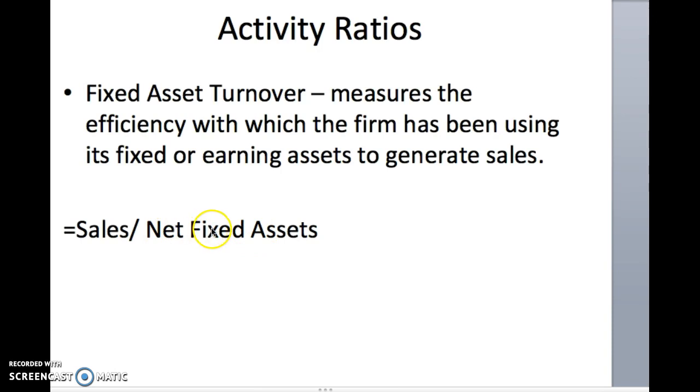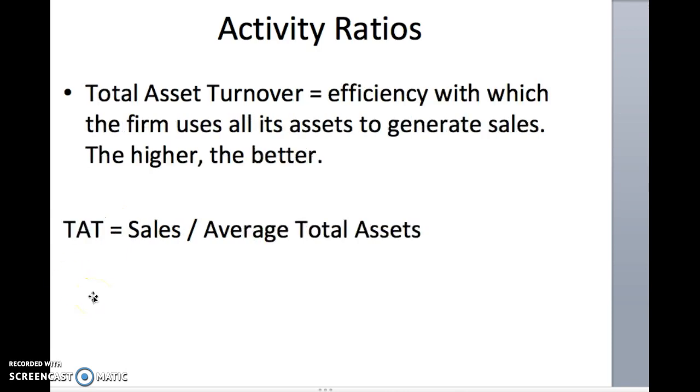So let's say if you have a building minus the accumulated depreciation, that's your net value. That's the net fixed asset value. The label for this ratio would be times, and the higher the better, meaning if you have a higher fixed asset turnover, it means you're more efficient in using that fixed asset to generate sales.